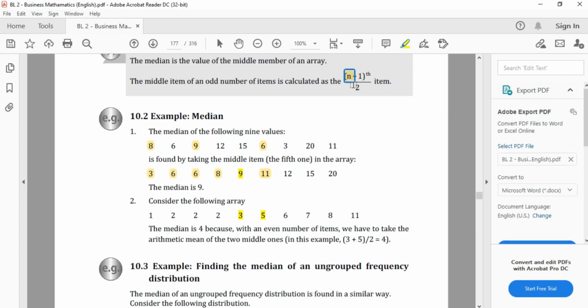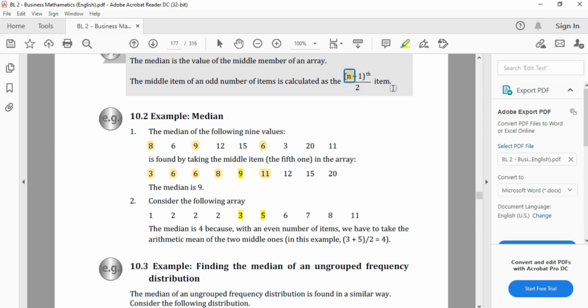So now we are saying the 5.5th term. Given that the gap between these is 2, half of it is 1. So 3 plus 1 is 4, isn't it? That's how you find which item is the middle value.